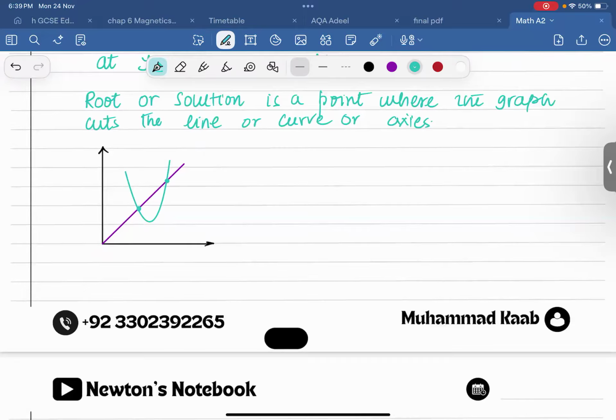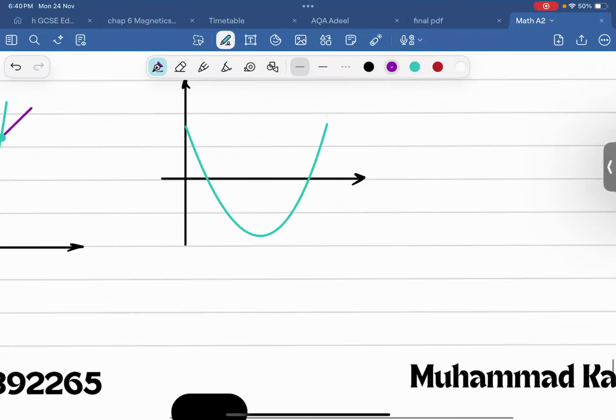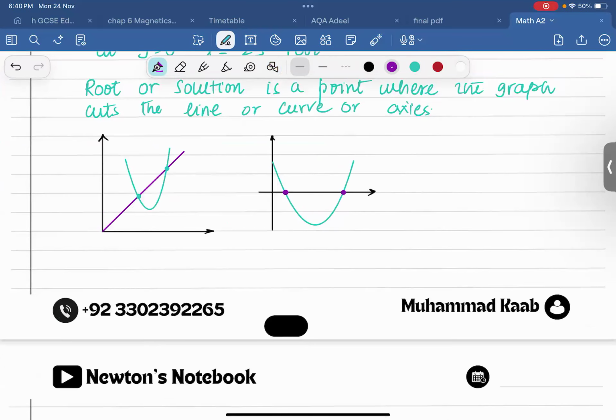And sometimes if you have a graph like this, and the graph is intersecting the x-axis, let's say, these are the two points that will be considered roots of the graph. Generally at these points, the x-axis value is 0, right?